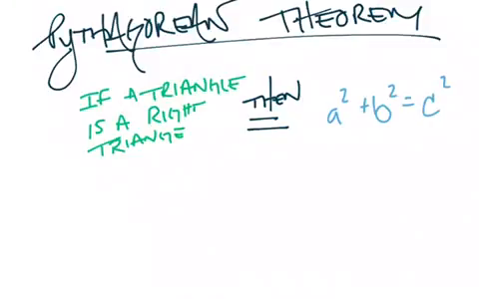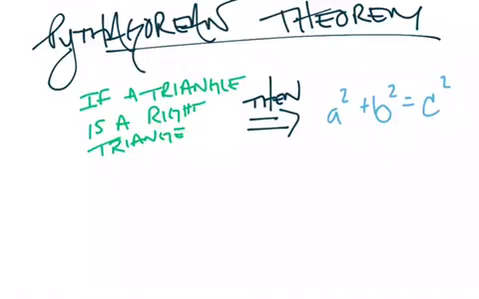So far we have that the Pythagorean theorem is that if we have a triangle, and it's a right triangle, then the sum of the squares of the legs is equal to the square of the hypotenuse. But also, we could use the converse of the theorem, or just saying the theorem backwards, to apply to certain problems.